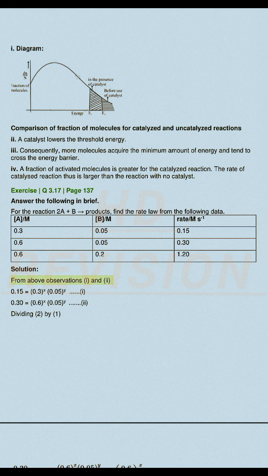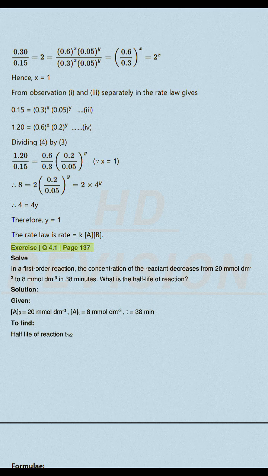Solution. From the above observations, 0.15 equals k times 0.3 to the x times 0.05 to the y, equation 1. 0.30 equals k times 0.6 to the x times 0.05 to the y, equation 2. Dividing 2 by 1.